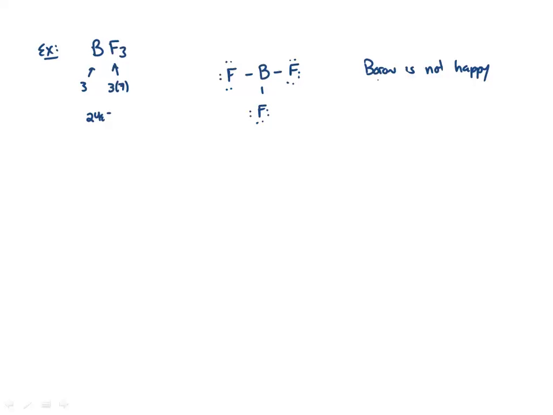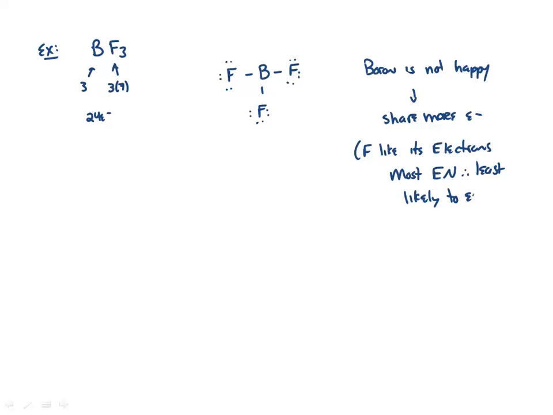Our normal result for that was to share more electrons. But the problem is fluorine likes its electrons, meaning it's the most electronegative element. Therefore, it's the least likely to ever share.